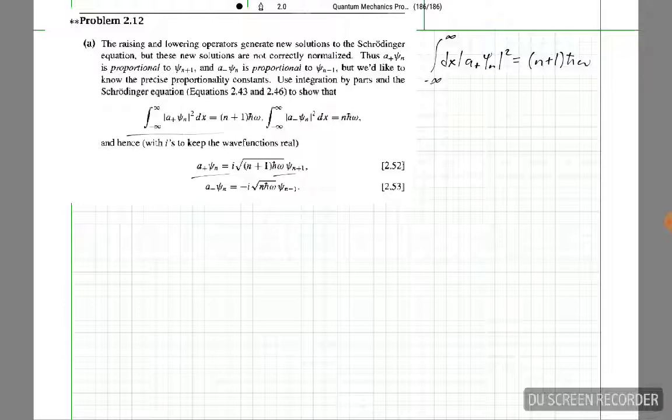I showed this first part. Now I need to take this and show this part. So, like I said before, I know that each step is normalizable, right? So I want to see how these guys scale.